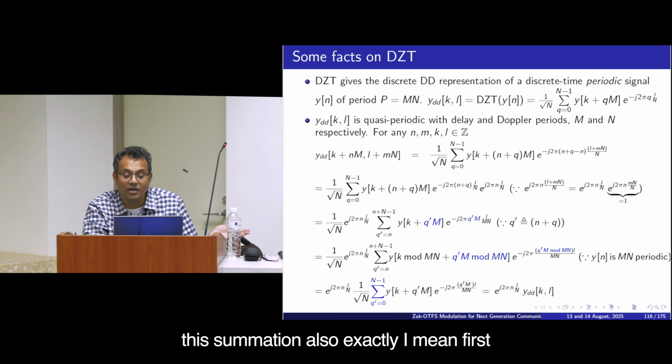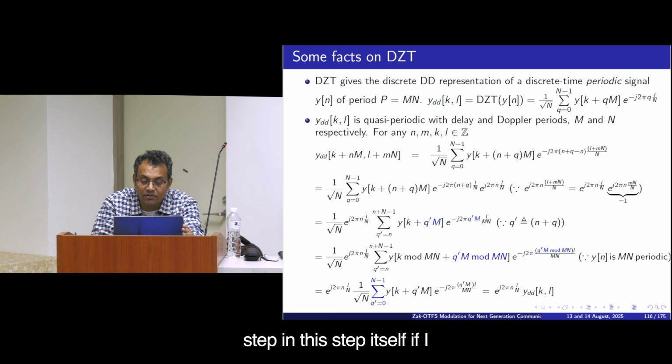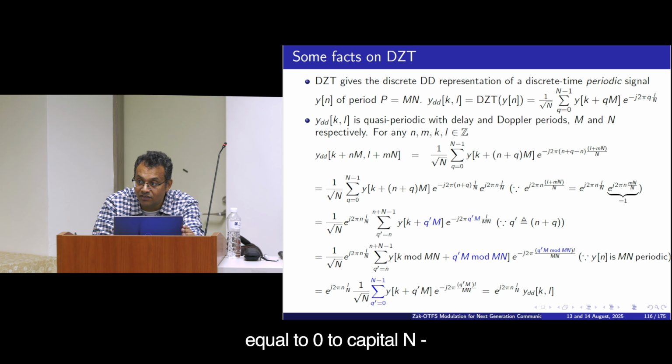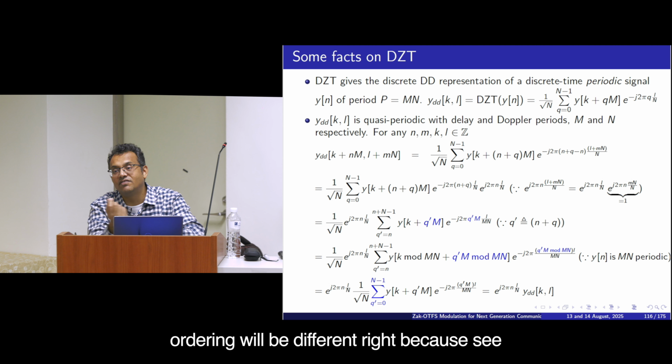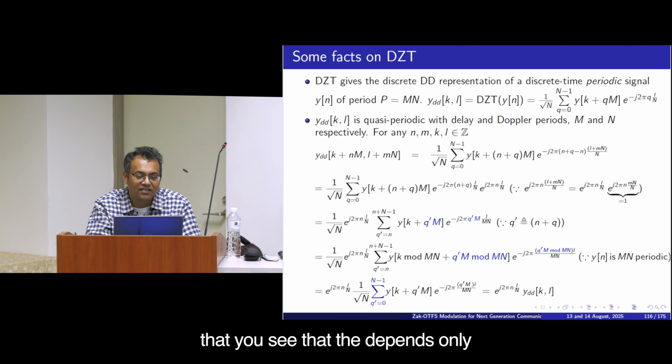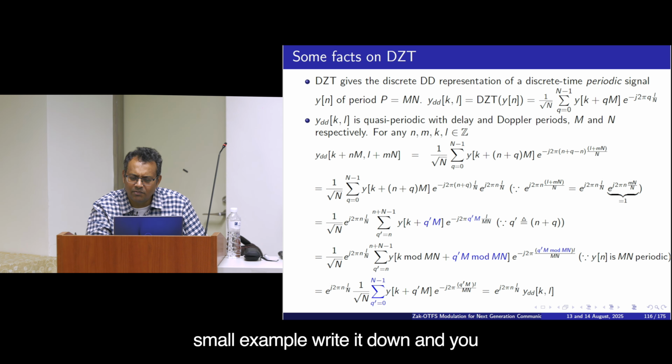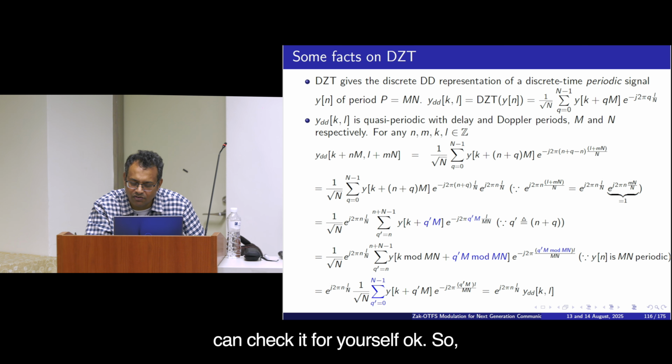In this step itself, if I change the summation limits from q prime equal to 0 to capital N minus 1, I will still get the same terms. It is just that the ordering will be different, because it depends only on this modulo Mn value.